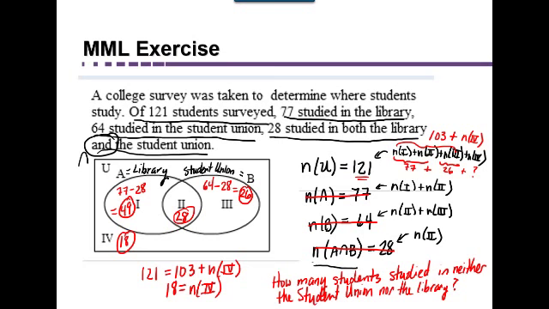Okay, so you would say, okay, that means they're not in A and they're not in B, so they're only out in region 4, so the answer would be 18. And we could ask other questions as well, like, for example, how many students studied in the library but not the student union would be 49, region 1.